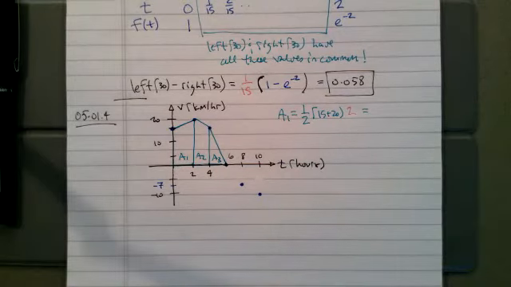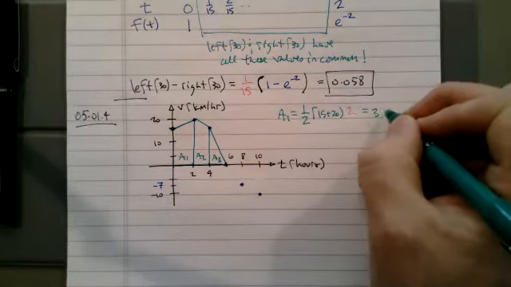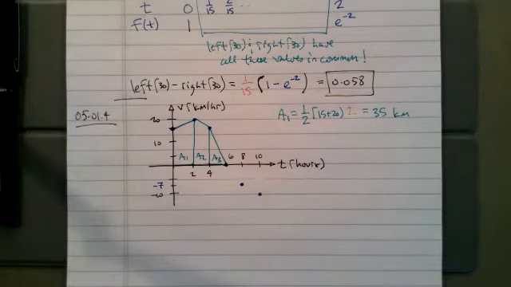So the average of 15 and 20 is 17.5, times 2 is 35 kilometers. So in the first 2 hours, we traveled approximately 35 kilometers.